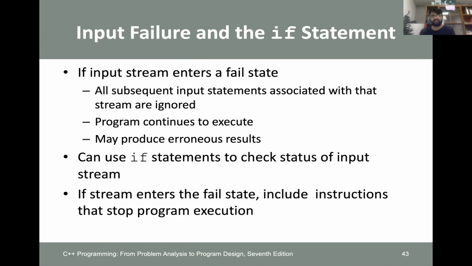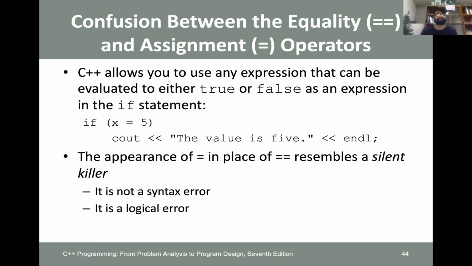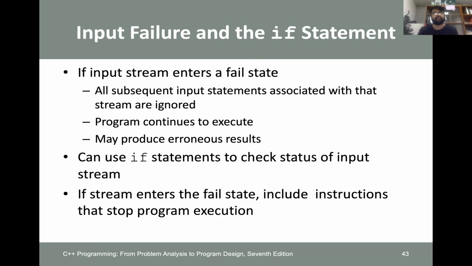So if the stream enters the fail state, we can include instructions that stop program execution at this point, or we can clear the input stream and get to the next level if we desire, and maybe get input again. So that's it, I think, about the input failure here.